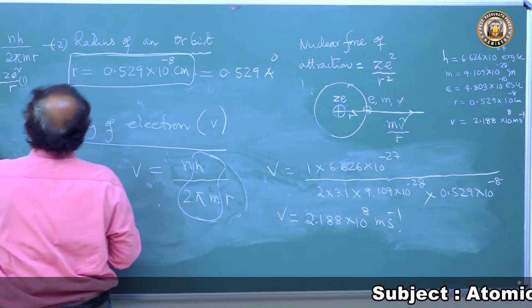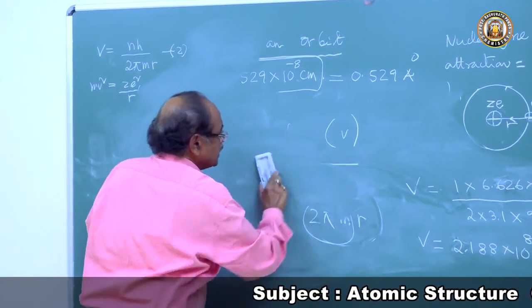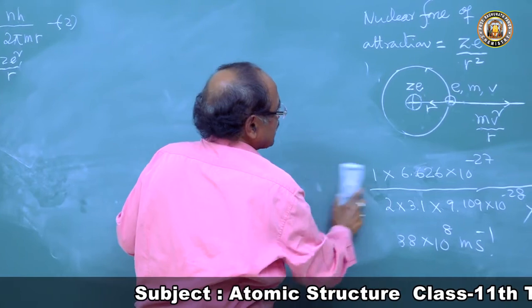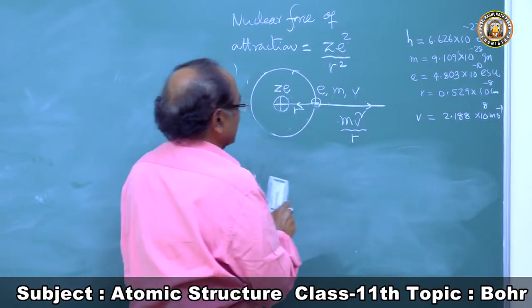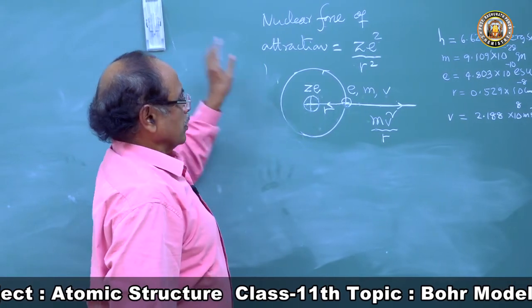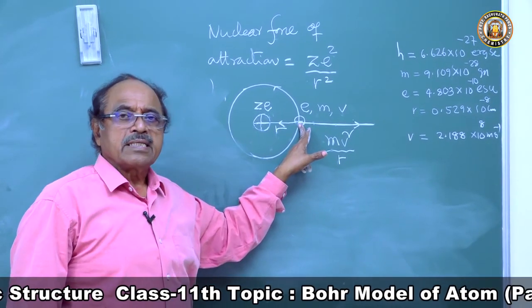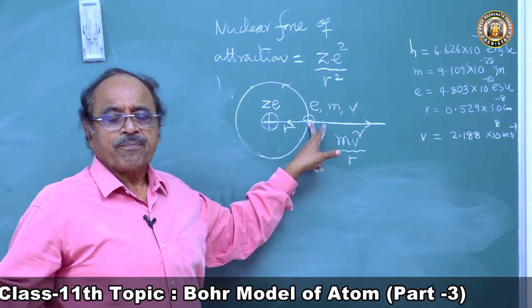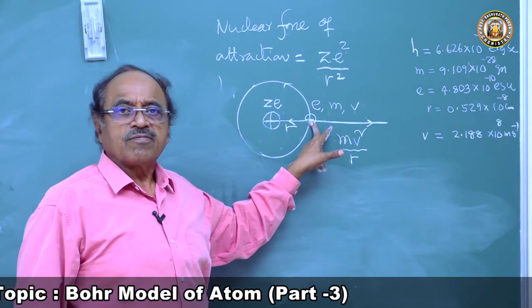Now Bohr could also calculate the energy of electron. I am just giving you an introduction to the calculation of energy of electron. Next class I will calculate the energy of the electron. From the formula he derived, he could calculate the energy of the electron moving in the first orbit.